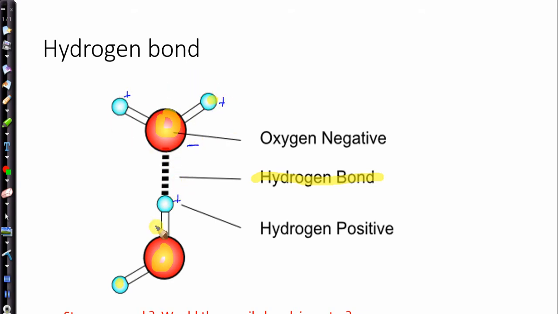This becomes positive, this becomes positive, this becomes negative because of this polar covalent bond. The result is this positive and this negative slightly attract one another, and that is called a hydrogen bond. Would these easily break in water? These are very weak bonds, and so the answer is yes.